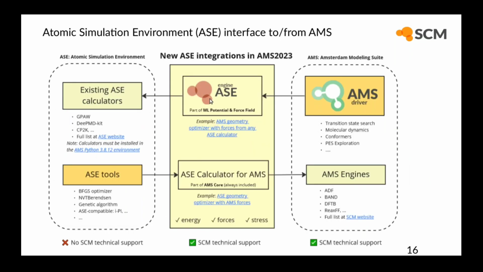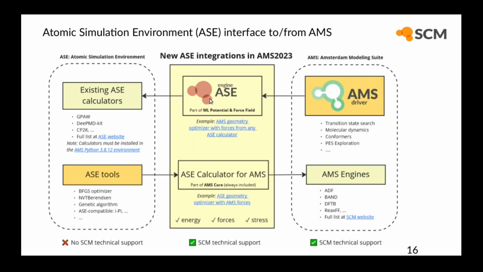Okay, another new feature is the atomic simulation environment. So if you don't know what this is, it's a type of Python package, or a community, so that you can execute computational chemistry codes from Python. And of course, we have our own way of doing that with the PLAMS Python library. But this is quite popular and many people have workflows that use this and so on.